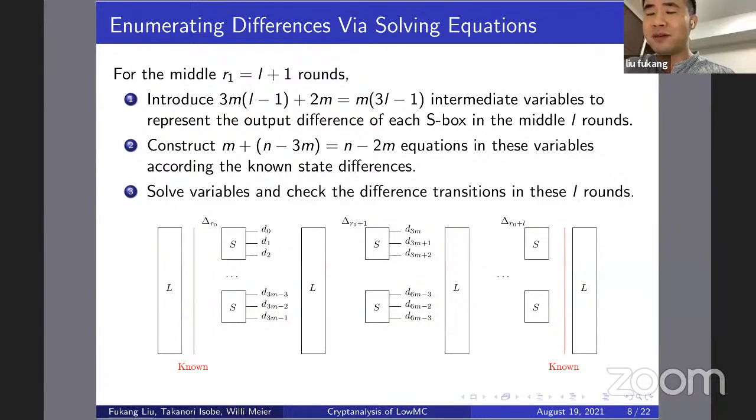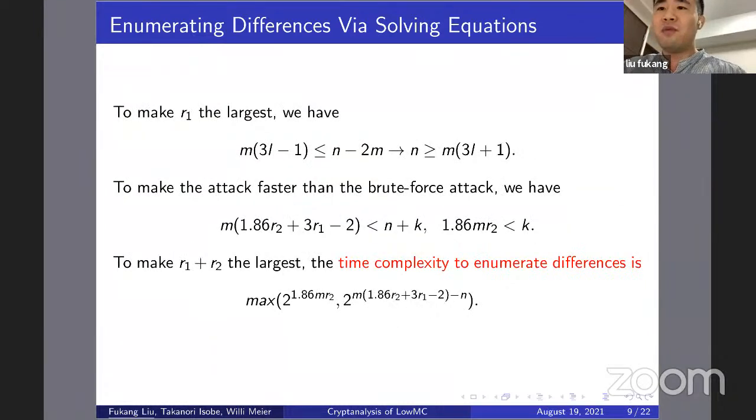If the number of variables is smaller than the number of equations, we can uniquely determine the difference transitions in the middle R1 rounds, and the correctness can be efficiently checked via the differential distribution table. Then we can compute the time complexity to enumerate differences as shown in this slide.